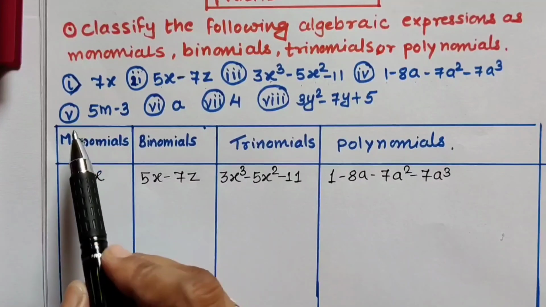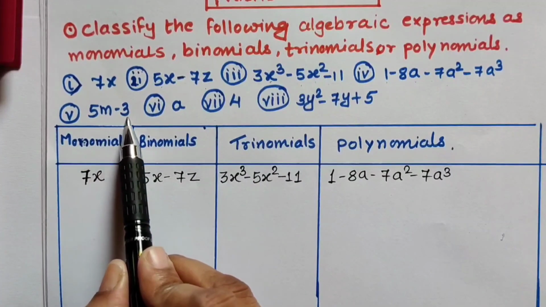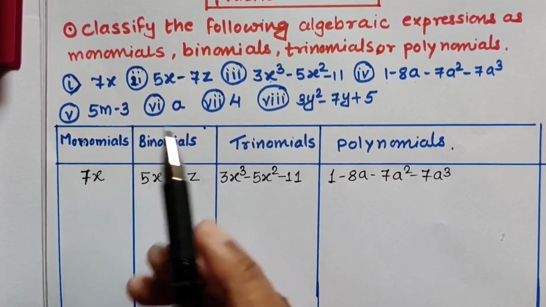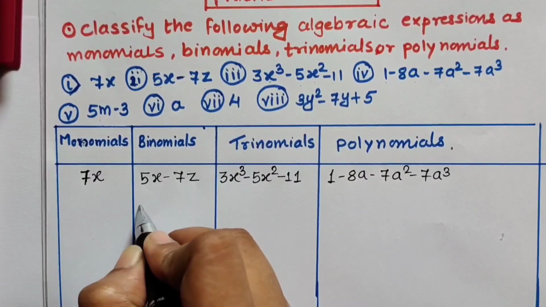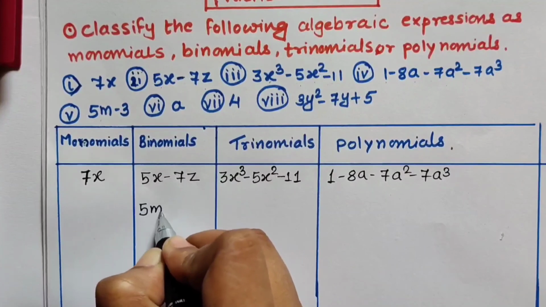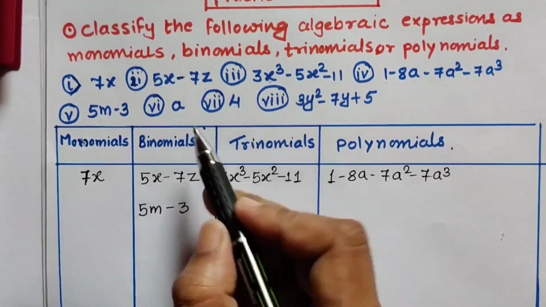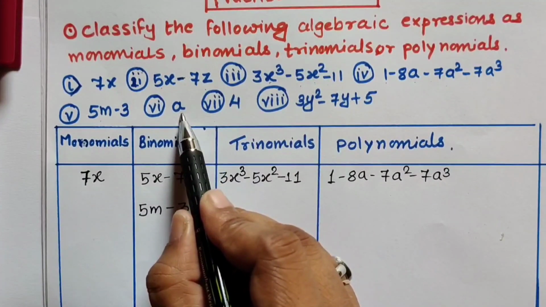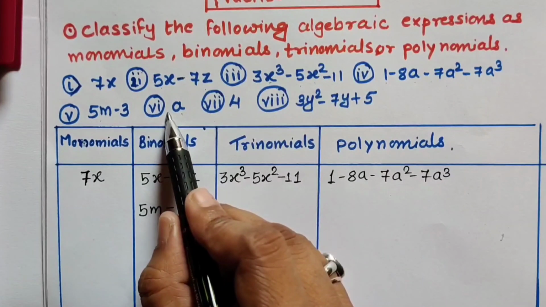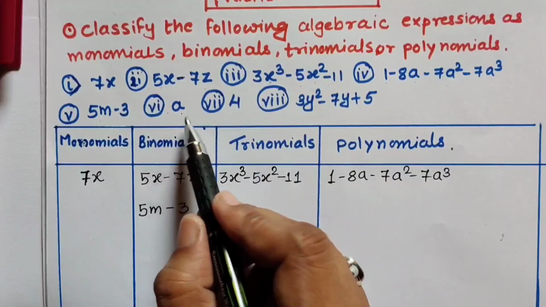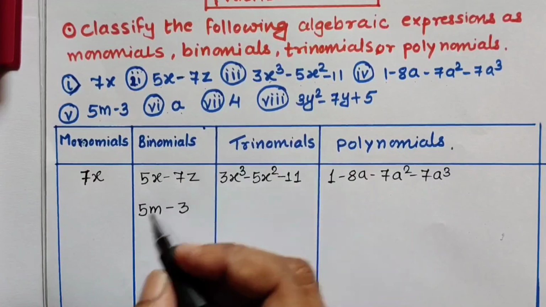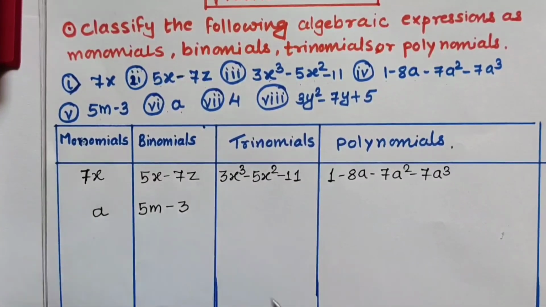Now let's check the fifth sum. 5m minus 3, we can see 2 terms are there, 5m and minus 3. So we have to write it in the binomial, 5m minus 3. Only a is there, that means a single term is there. The coefficient is 1, nothing is there means coefficient is 1 and the variable is a. This is 1a, that means only a. So it is a monomial, we write it in the monomial.